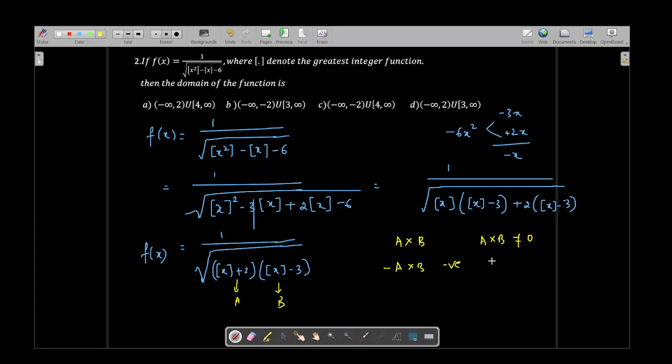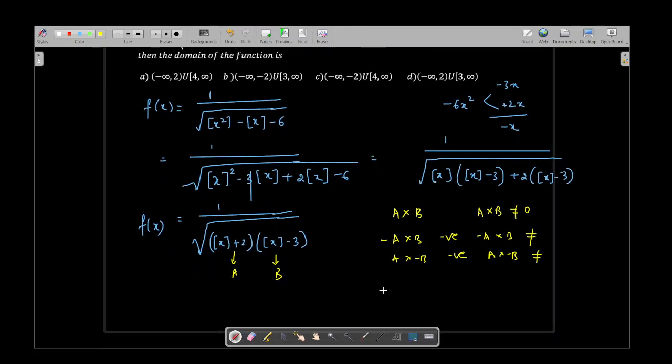Minus a into b will give you negative values, which is not permissible. A into minus b also gives you a negative product, so that is also not permissible. When both are negative, negative a and negative b, we get a positive product, so that is permissible.